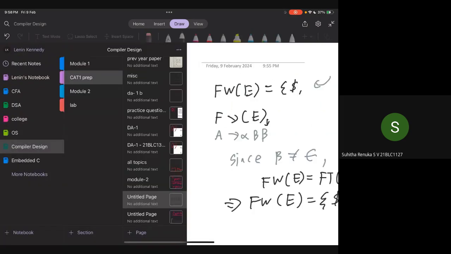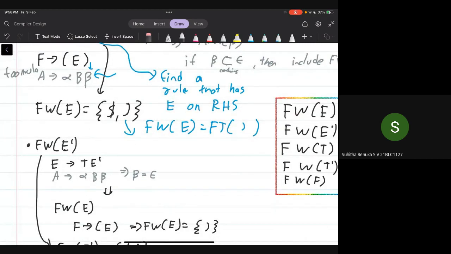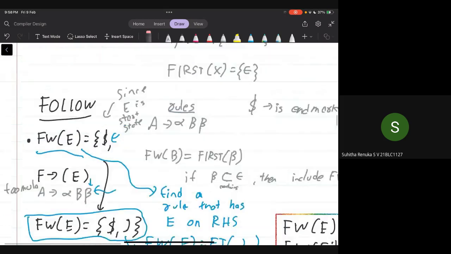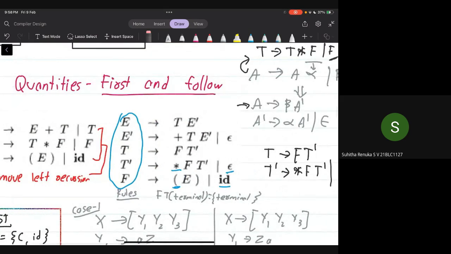Now I'll go back to the same page. So first one is done. Then you have follow of E dash. What you do now is you go back to the grammar and check where E dash is on the right side.